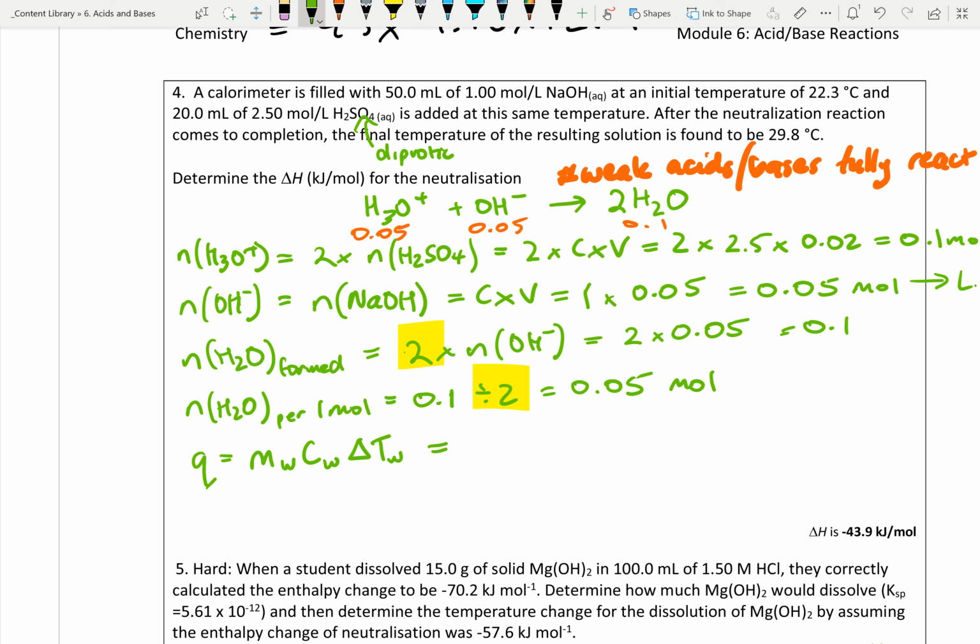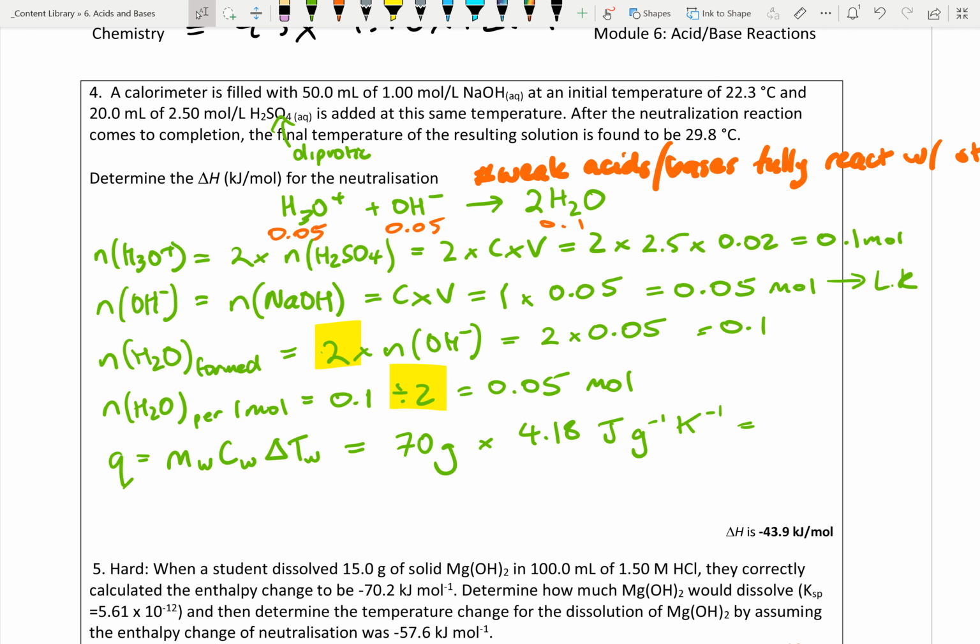Now we're going to do the mass of the 50 mils and the 20 mils, which we assume to be the density of water, 1 gram per 1 mil. So we can basically just go 70 grams, 50 plus 20. We go 4.18 joules per gram per Kelvin. Some people like to use these units a bit differently, and that's fine. It's up to you.